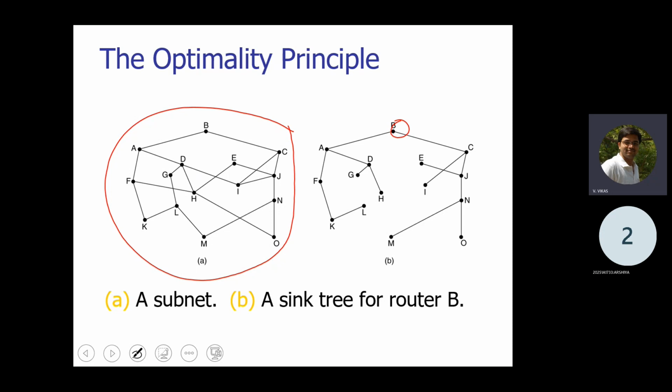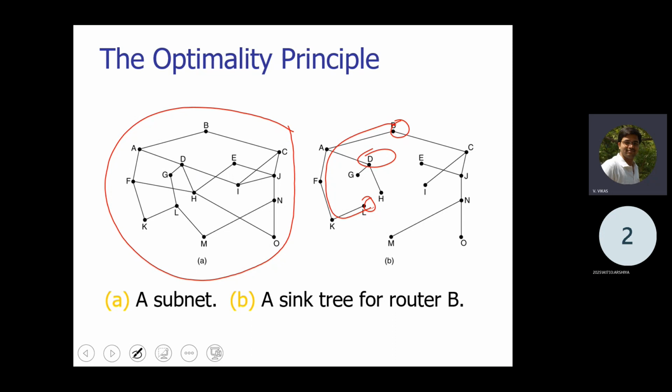Obviously I do not want closed loops, because I don't want to visit a node which I have already visited. For example, if I want to go to L, I can take this particular path. We are not saying that we are touching all the nodes at the same time, but if I have to go to L, what is the best path I can select? If I have to go to D, what is the best path I need to select?